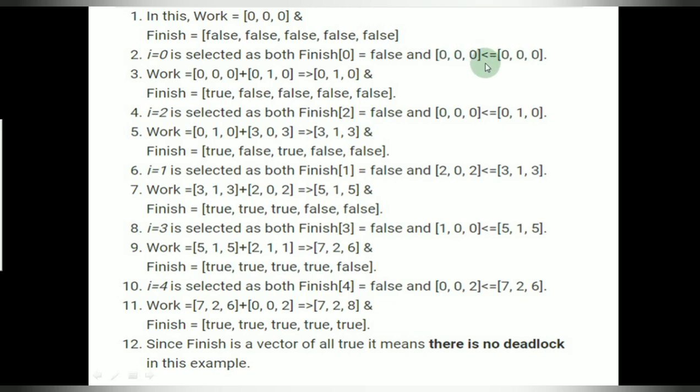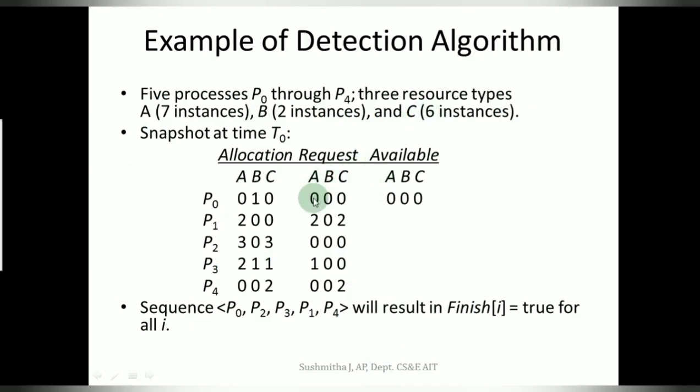Yes, it is less than the work. You can see here, the request is less than or equal to the available. So I can be granting P0. Now after P0 is granted, I add this allocation to the available, that is my new available. Now my new available is 0, 1, 0.